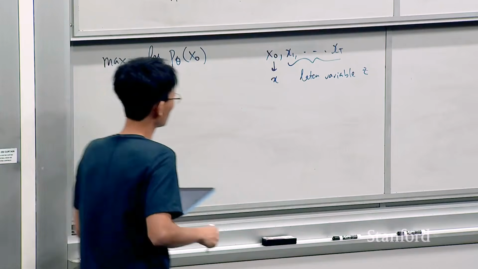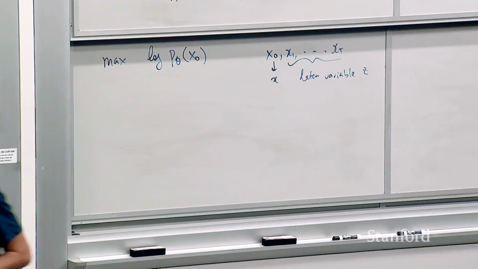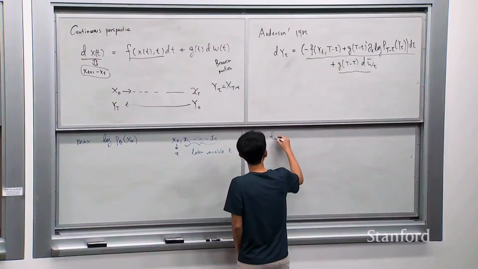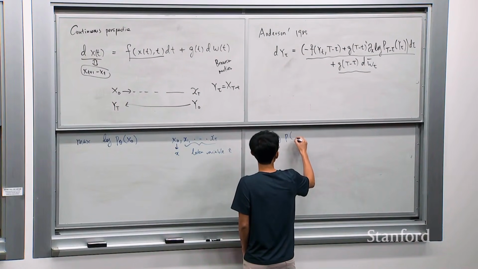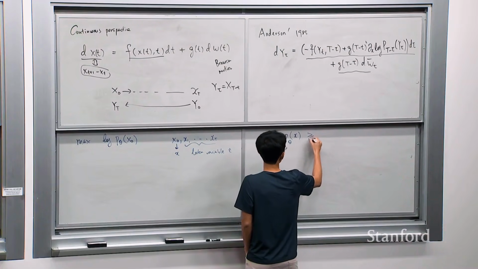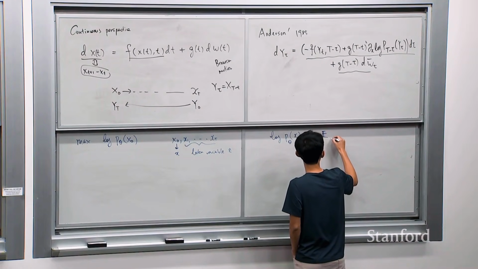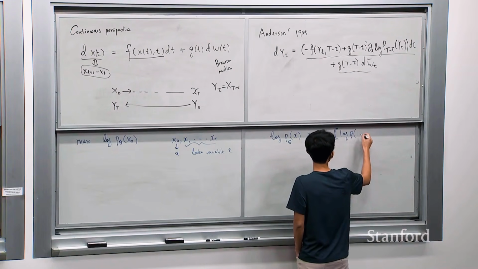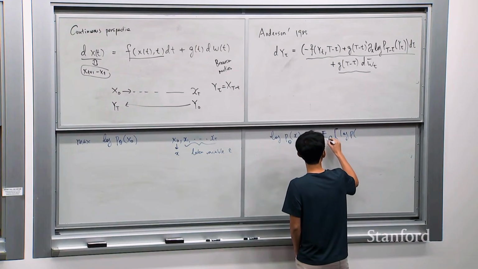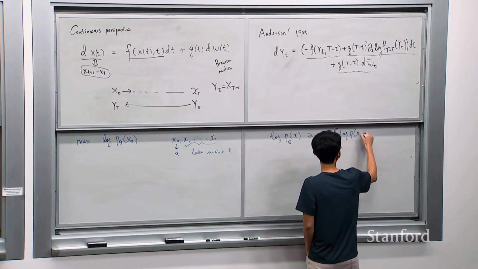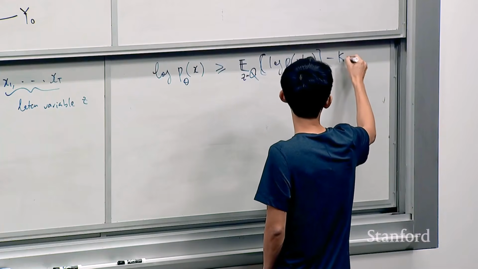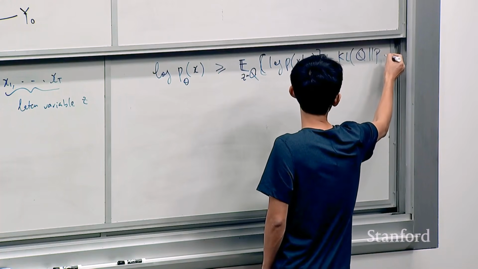And by the way, maybe let me remind ourselves what the ELBO we have talked about is. I think the ELBO is that log of p theta of x is larger than the expectation under some distribution q of the log of p of x given z, minus the KL between q and p, the distribution of z.